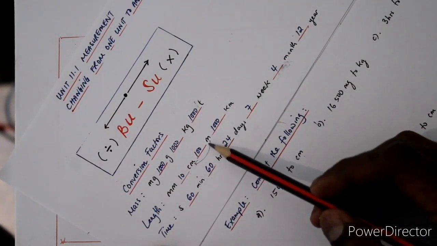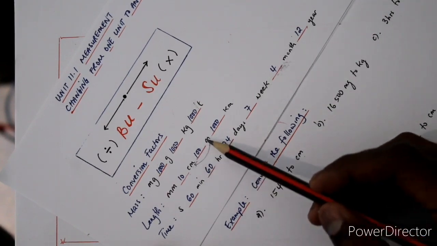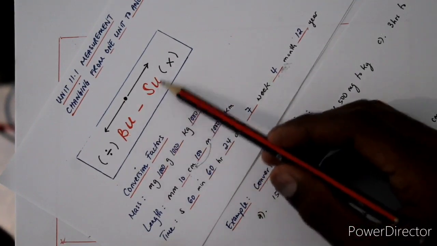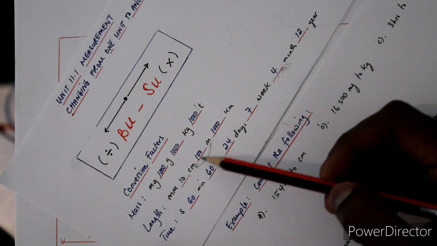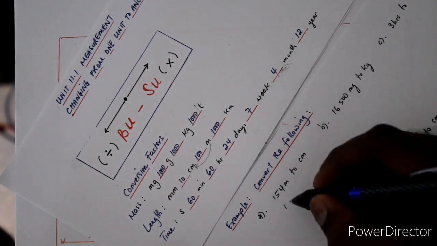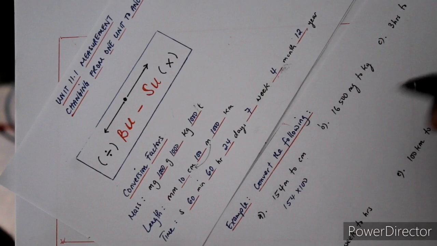You see, you have meter and centimeter. Meter is the bigger unit than centimeter. So bigger unit to smaller unit, we will multiply with what? The conversion factor in between them there, 100. Therefore our working out should be 154 multiplied with 100.